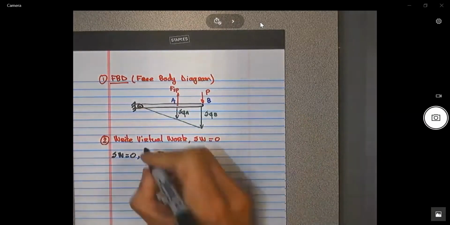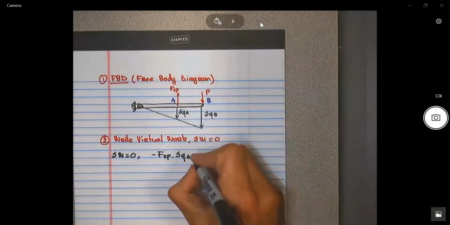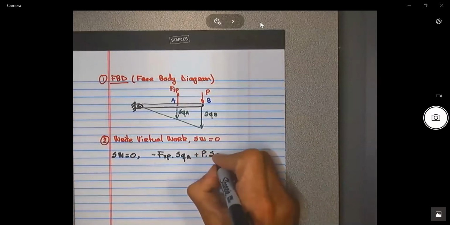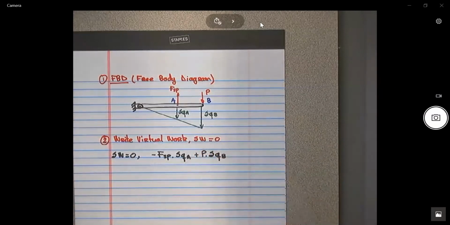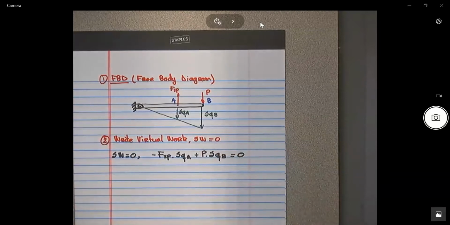So this term here should create a negative virtual work. And now at point B, we're gonna have plus P delta Q sub B, and this should be equal to 0. Okay? So this will be our first equation.